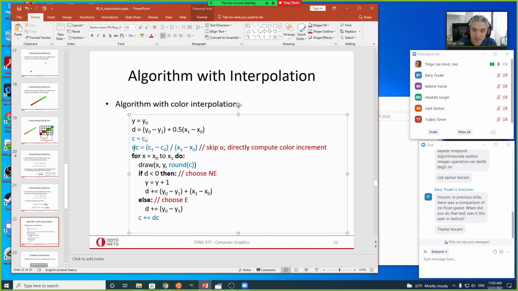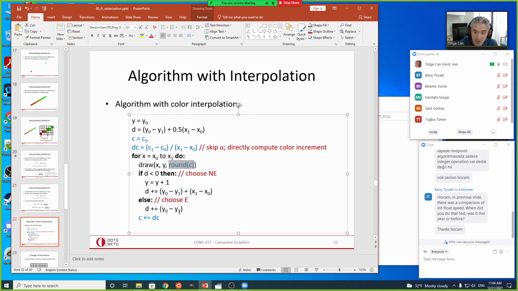So this is going to be computed as a floating point value, but if your colors are integers like between 0 and 255, you may round it to the nearest integer before assigning it as a color to the pixel. So we just have this colored line, we have a new parameter to our draw function. It gets an integer pixel coordinate, and a color for that pixel coordinate.